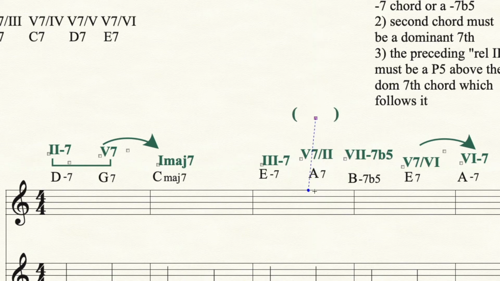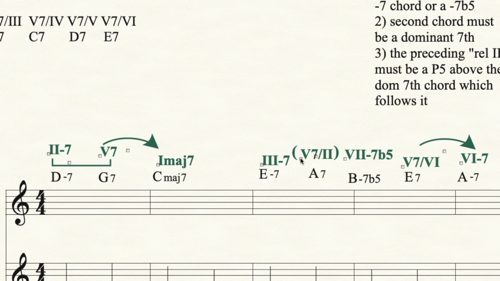And those deceptive resolution brackets are an important part of the analysis, because not only are we not drawing the arrow, because the arrow signifies that it has gone down a perfect fifth, but we are underlining the fact that it's resolving deceptively by putting it in parentheses.